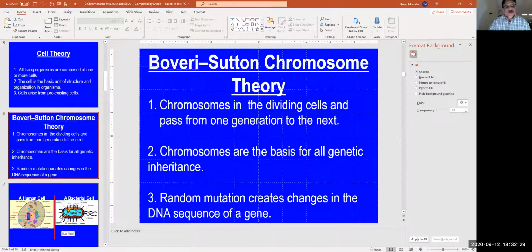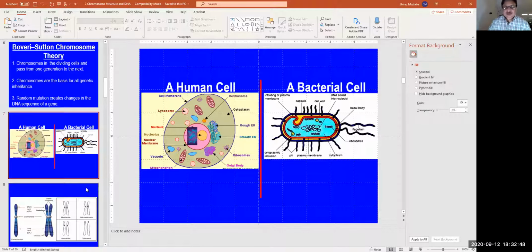On these chromosomes are located genes, which could code for protein or may not code for protein. They could have regulatory functions, and so on and so forth. So we're starting from cell, then we went to chromosome theory. Now let's quickly look at two different cells that come from the eukaryotic world and from the prokaryotic world. From the eukaryotic world, the best example to give is the human cell.